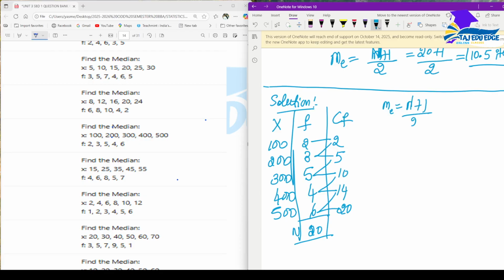N is 20, plus 1, divided by 2. Again it is the 10.5th item. Which is the next greatest number in CF after 10.5? 14, right? The corresponding value of x is 400. 400 is the median.